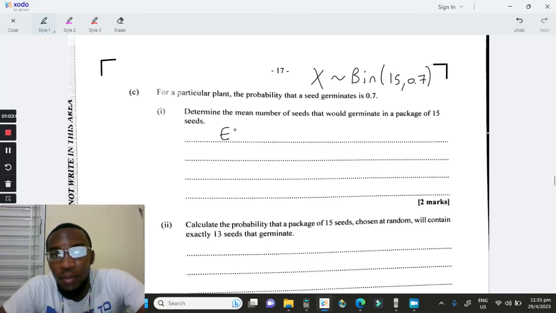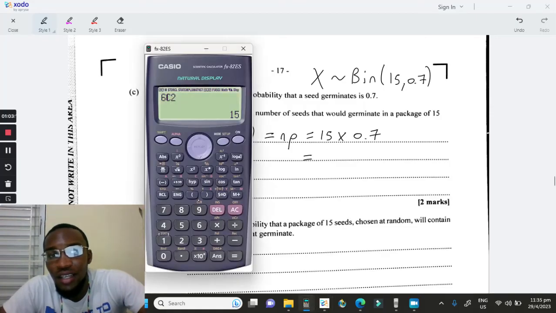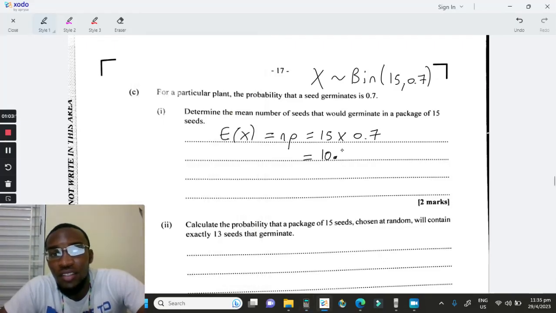The mean, remember, is the expected value of X, which is n times p. So the mean is 15 times 0.7, which is 10.5 seeds.